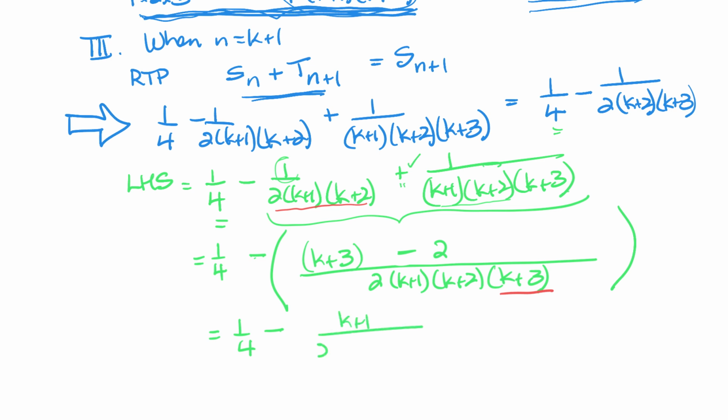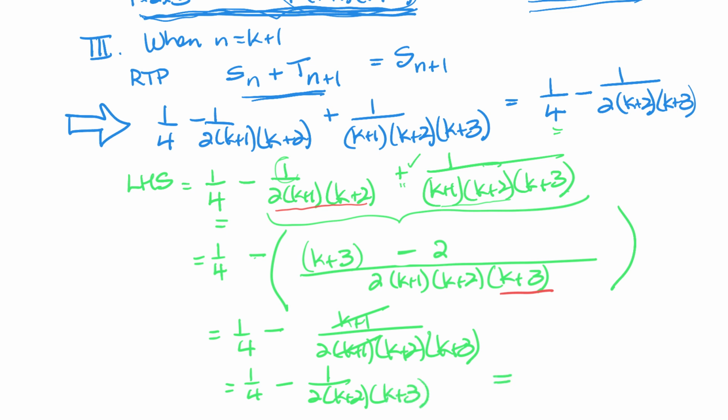The bottom line is 2 times k plus 1, k plus 2, k plus 3. And the k plus 1 cancels out. That leaves me with 1/4 minus 1 over 2 outside of k plus 2 and k plus 3. And of course that's exactly what my target was. So that equals the right-hand side.